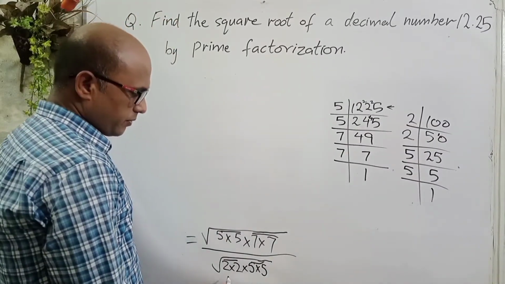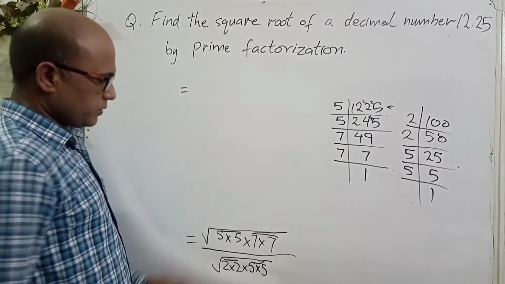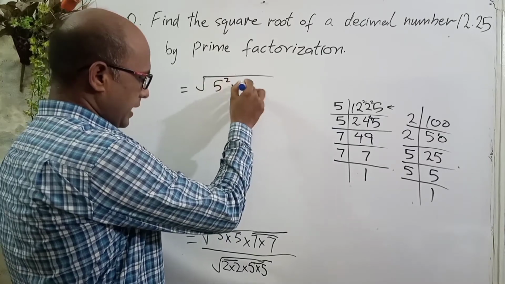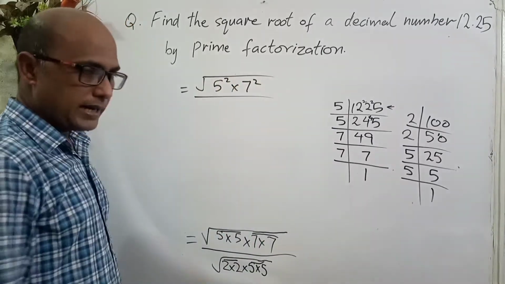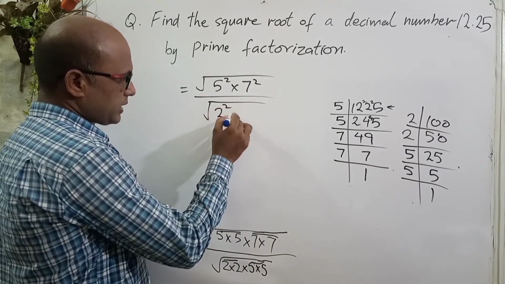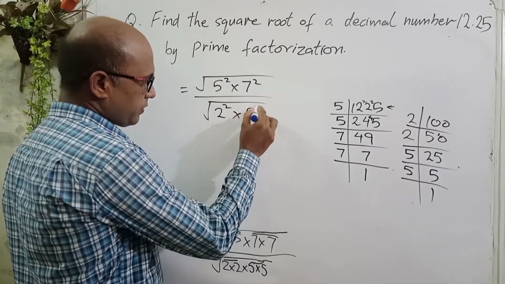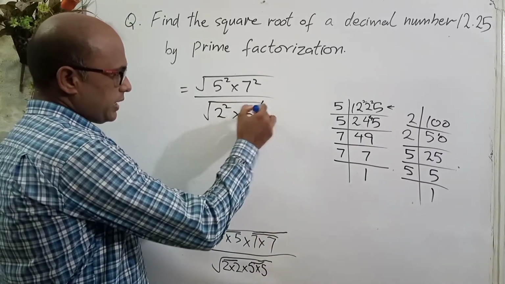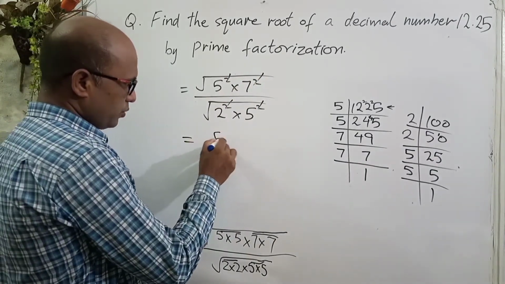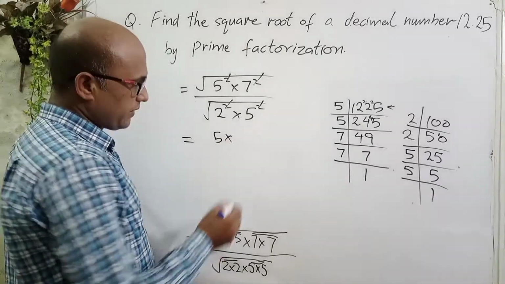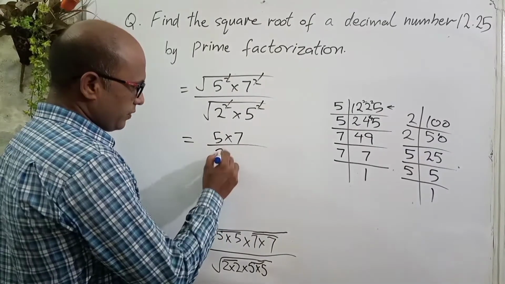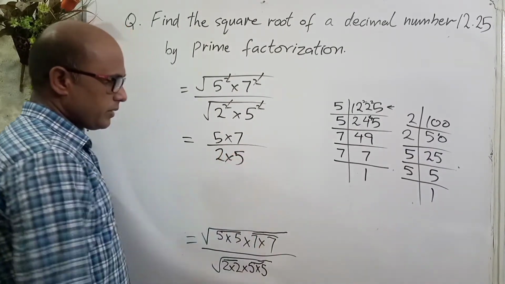So students, after this step, we'll write in the numerator the square of 5 and the square of 7, and in the denominator under the radical sign we'll make squares of the pairs. So these squares will be cancelled by the square roots. In the numerator we are left with 5 into 7, and in the denominator we are left with 2 multiplied by 5.